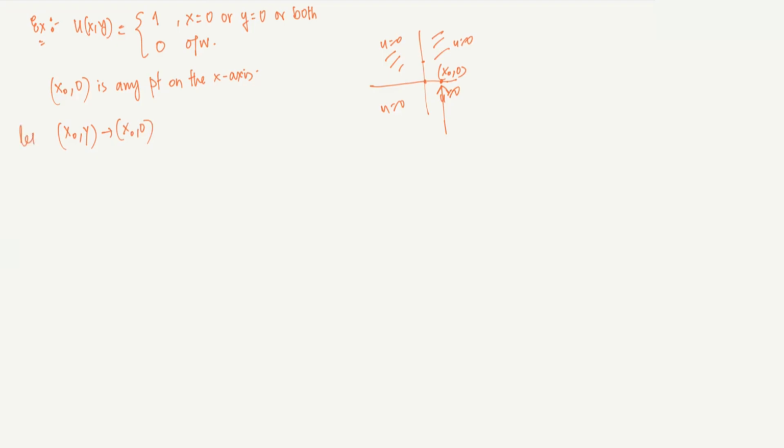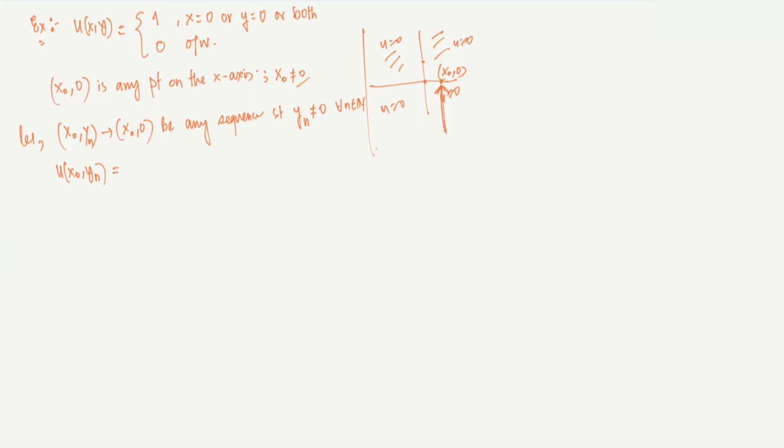So basically the sequence y_n converges to 0 and x naught, y_n converges to x naught, 0, such that y_n is not 0 for any n in N. If that happens, then what is u of x naught, y_n? Here we are assuming x naught is non-zero, let's say. So what is u of x naught, y_n? This is always going to be, you see, these are points here.